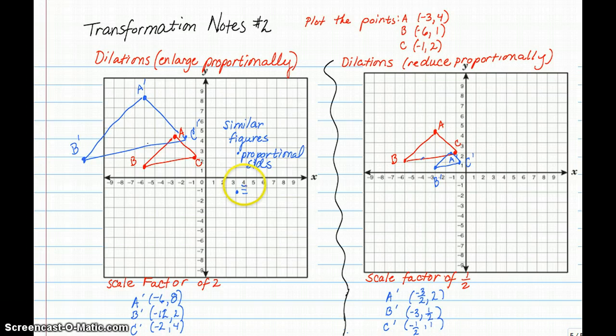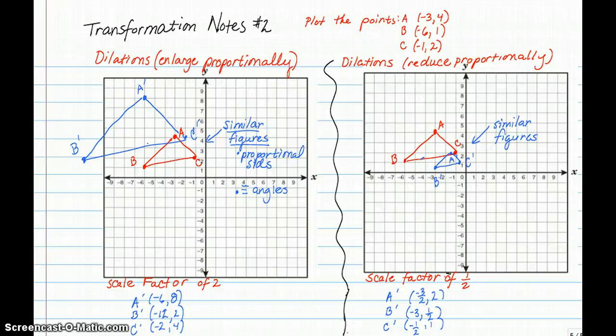You aren't told anything about the angles, but you just need to know if you have a similar figure, they'll have proportional sides and congruent angles. Same with these. These are similar figures. And similar figures, one more time, have proportional sides. We know that because we took it by a scale factor of 2, and then we took it by a scale factor of 1/2. And they also have congruent angles. You can't see that, but in fact that is the case.